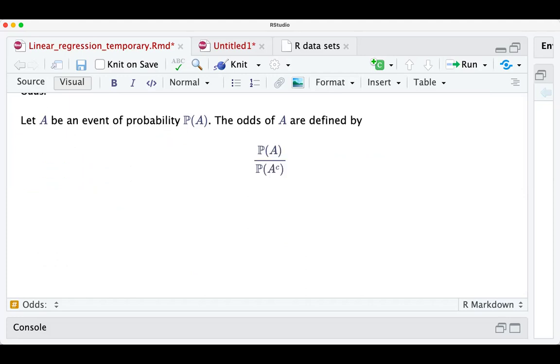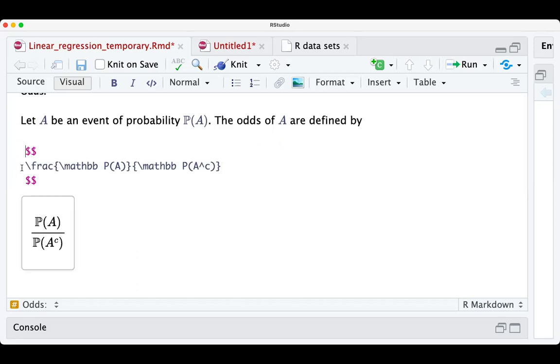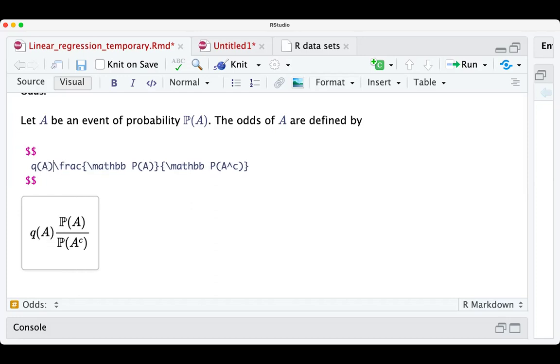Let's call the odds Q, for instance. I don't know if they have a better name. They can also be written in the following way.